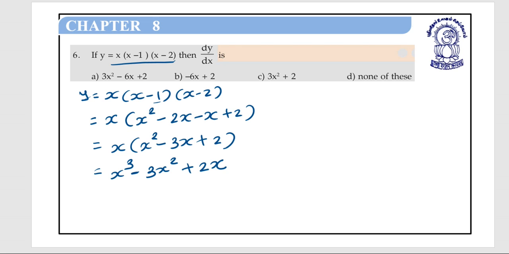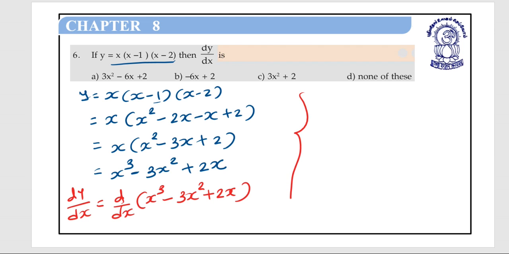Now find out dy by dx. So dy by dx is equal to d by dx of x cube minus 3x square plus 2x. Again here you have to use d by dx of x raised to n is equal to n into x raised to n minus 1 formula. Okay.